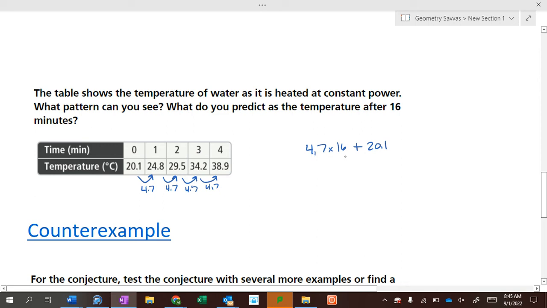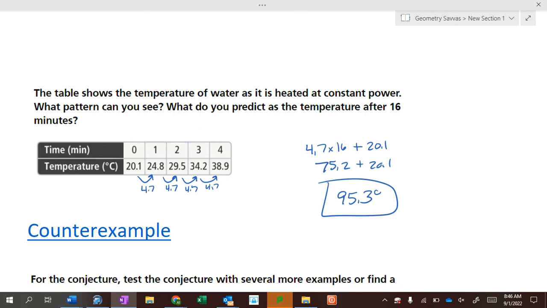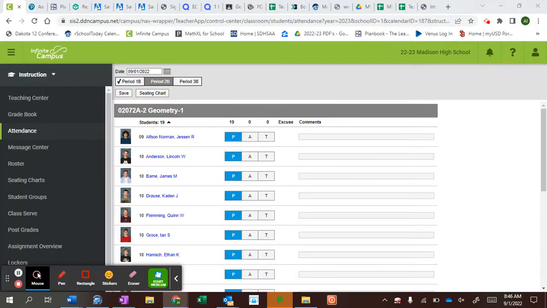Okay, 4.7 times 16 is 75.2, plus 20.1 gives me 95.3. After 16 minutes, it should be 95.3 degrees, right? Okay. All right, let's look at a counterexample.